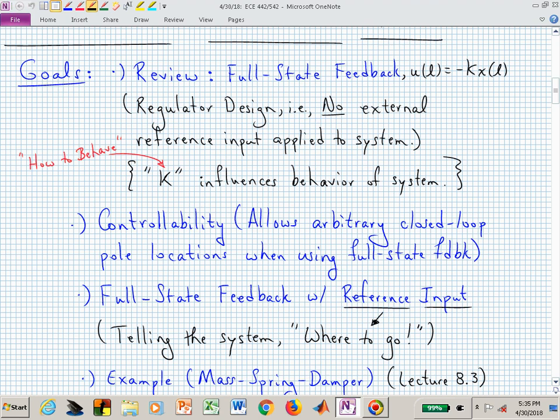That's where you actually have all of the state variables available to you. You can measure those, scale them independently, and inject those or sum those up to form your input signal U. And here, we've been talking about U is equal to minus Kx, and there's no external reference input signal.